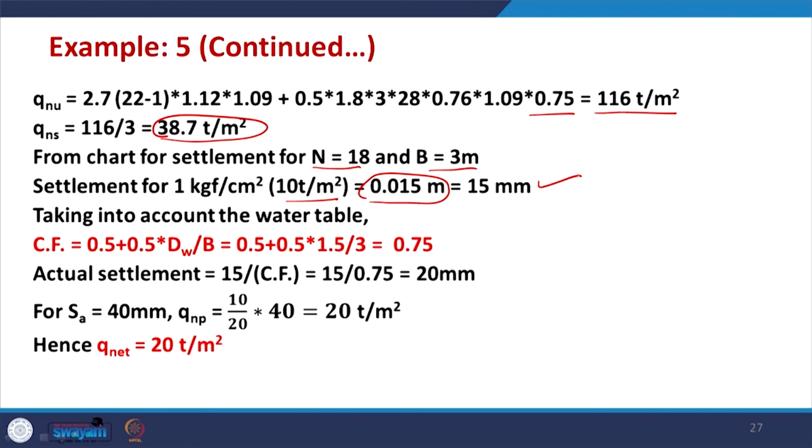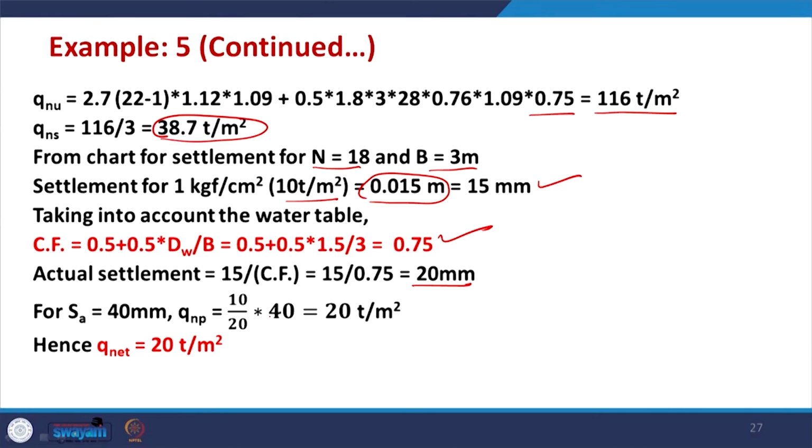So, 15 mm settlement has been obtained, and the correction for water table we already discussed is 0.75. So, for settlement, the settlement will be higher due to the correction of water table, and it comes out to 20 mm. And for this 20 mm settlement, you find the corresponding value for QNP, because the allowable settlement is 40 mm.